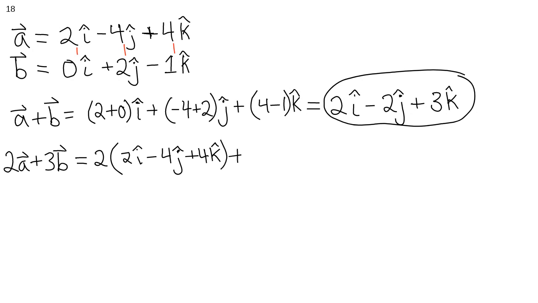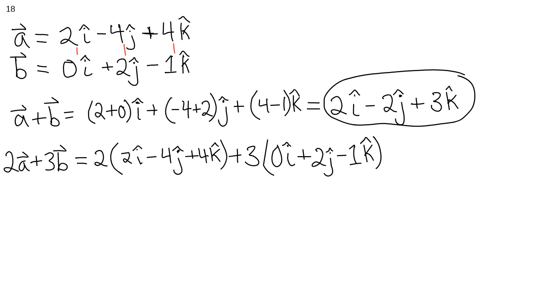Plus 3 times the B vector, 0i hat plus 2j hat minus 1k hat. Now I understand why they invented the other notation with the arrow brackets, because this is annoying. I have to write i, j, k.